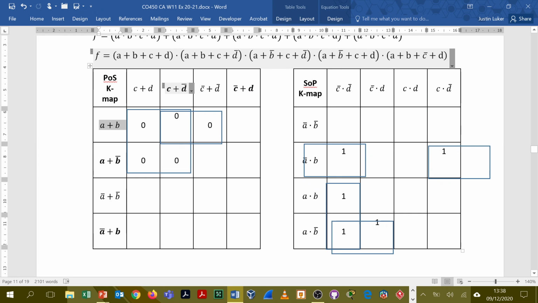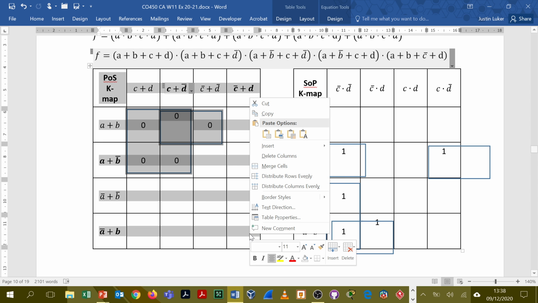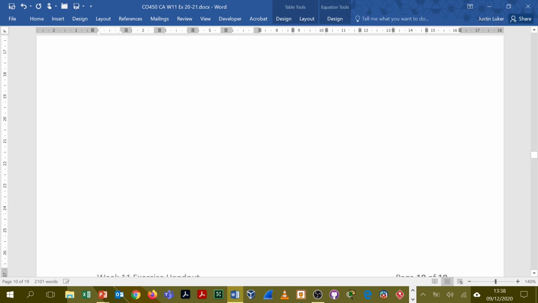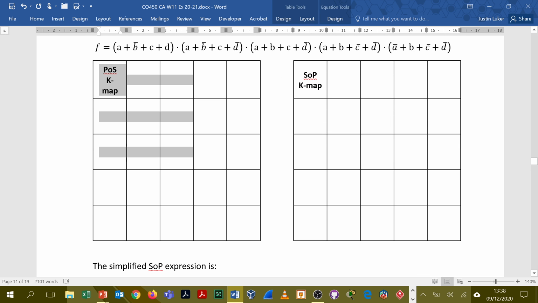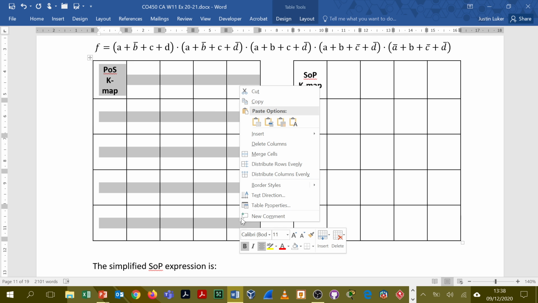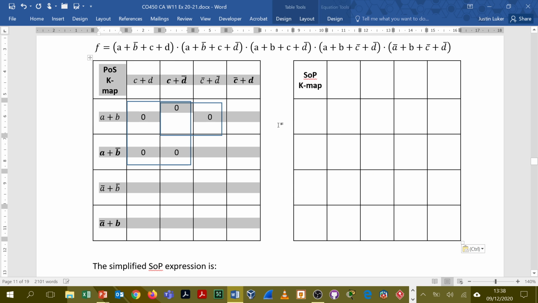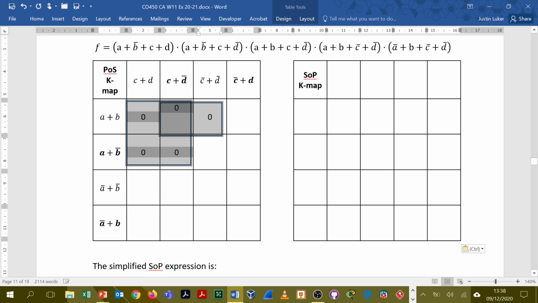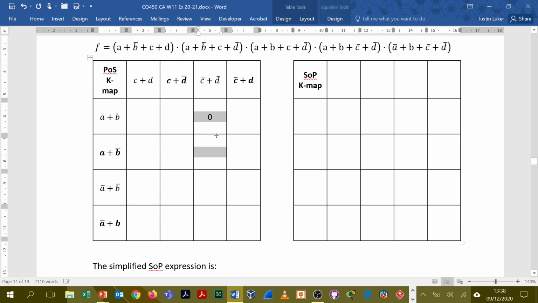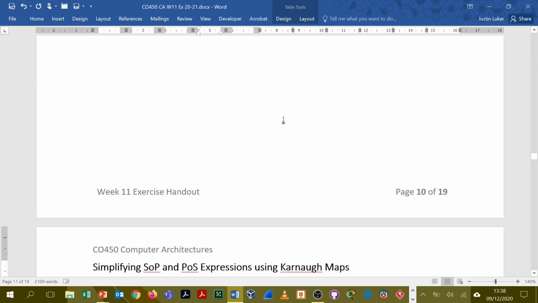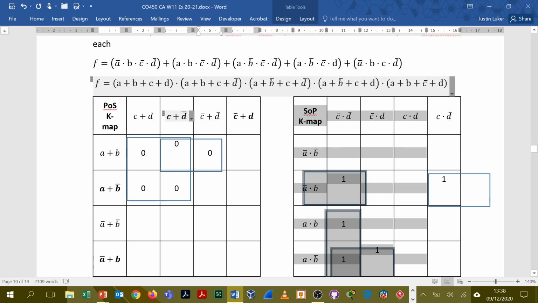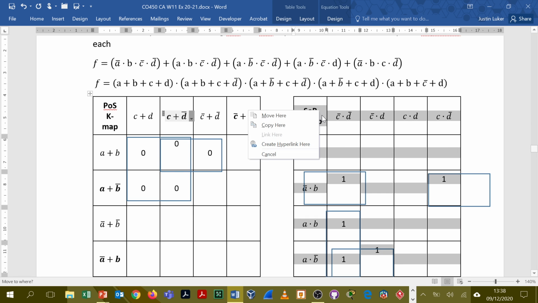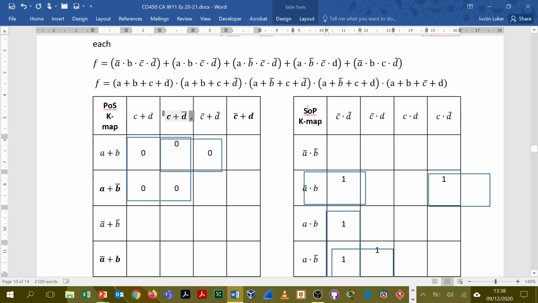So let me just copy my map again. I'm just going on to using them now.